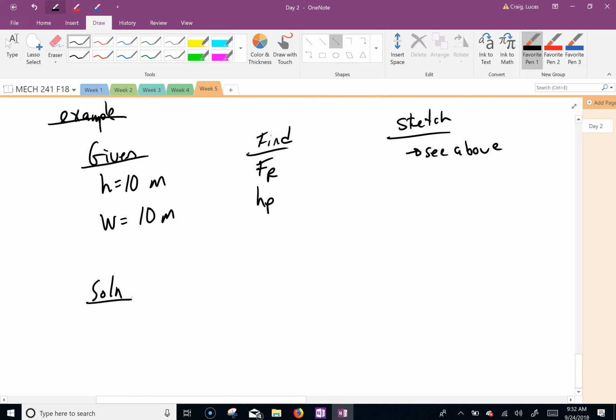Solution. Actually, we can write some assumptions down. First one is it's static, meaning that the water is not moving.